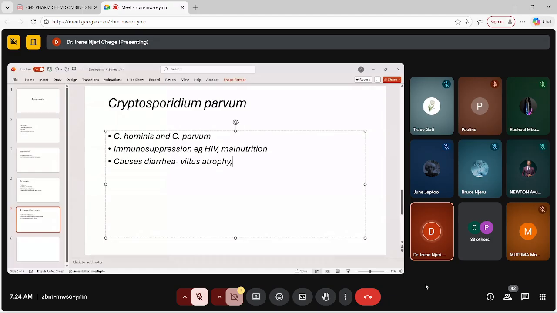When the villus atrophy, if we look at a diagram in the GIT, what we call the crypts become big. Okay, so crypt hyperplasia.